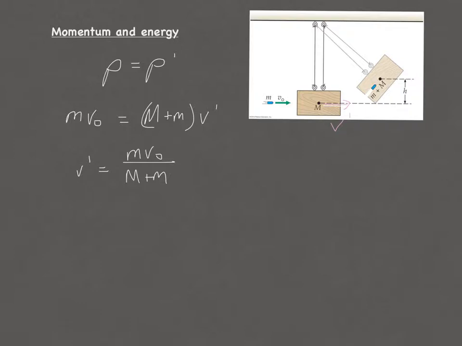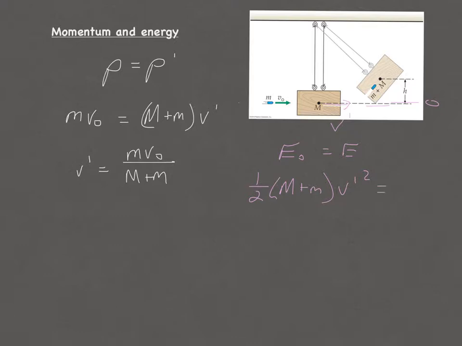And now we're going to have to use that in our energy expression. So for the energy, the initial energy has to equal the final energy. And the energy at this point, right after the collision, the only form of energy, if we make this line our zero line, is kinetic. So we have 1/2 the mass that is moving times the velocity squared.